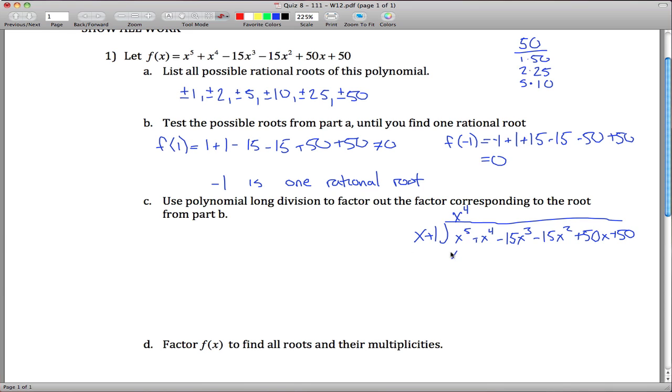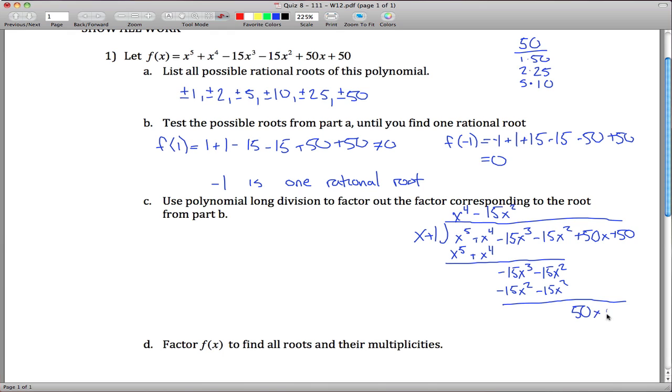If you use polynomial long division, you'll throw an x to the 4th up here because x to the 4th times x is x to the 5th. If we subtract, we get 0 and 0, which is kind of nice. So we'll bring down the next two terms, negative 15x cubed minus 15x squared. Now we put negative 15x squared up here, which gives us negative 15x cubed minus 15x squared, and again get 0 and 0 when we subtract.